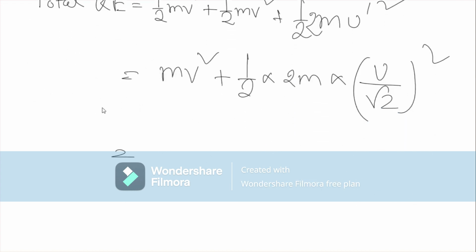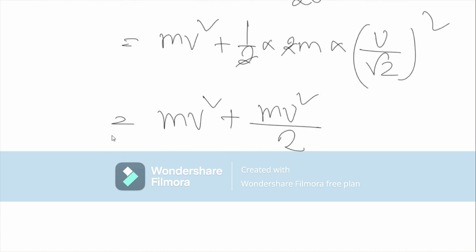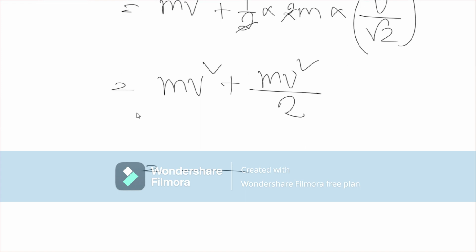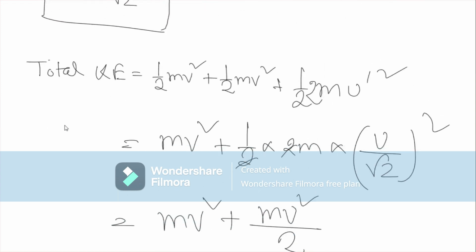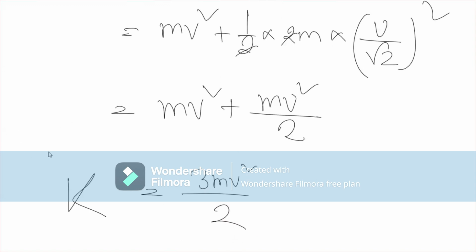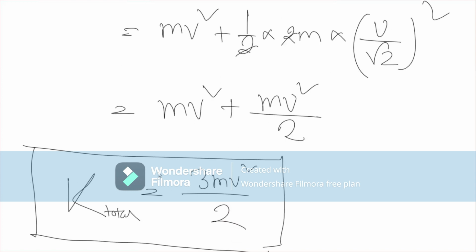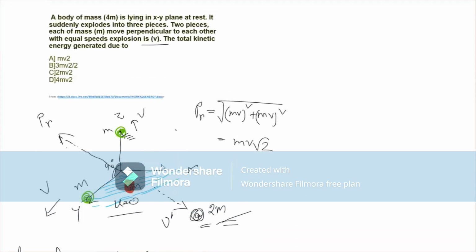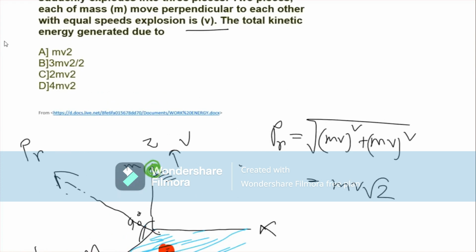Okay, so this will be mv square plus mv square divided by 2, so that will be 3 mv square by 2. So our total kinetic energy will be equal to this 3 mv square by 2. So if we check the options, option B will be the correct one, that is 3 mv square by 2.